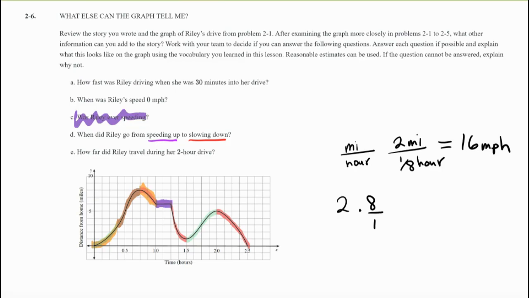Okay, so from E, how far did Riley travel during her 2-hour drive? I guess, let's see here. How far did you travel? It kind of depends. You could try and answer it because you could say they traveled 5, 6, 7, 8 miles away and then traveled 8 miles back.